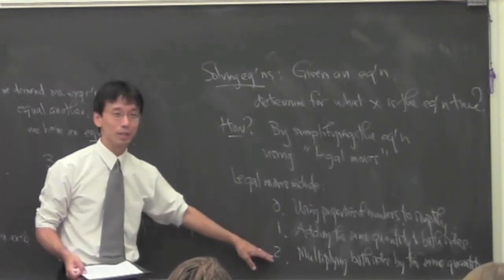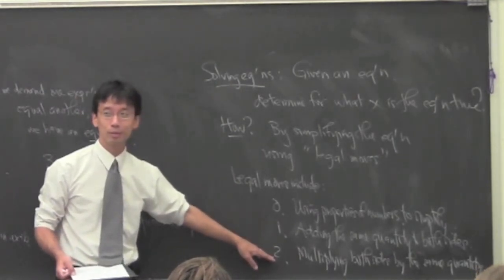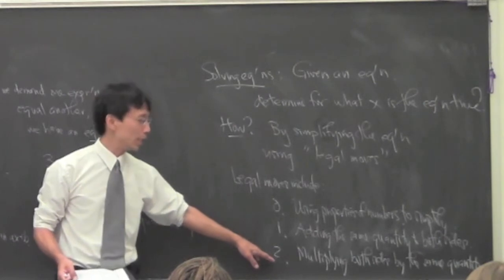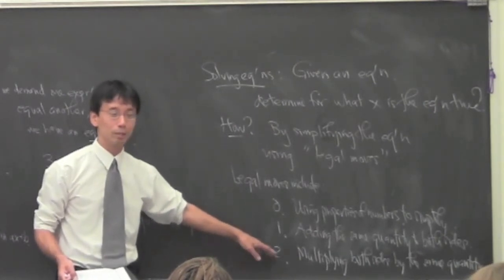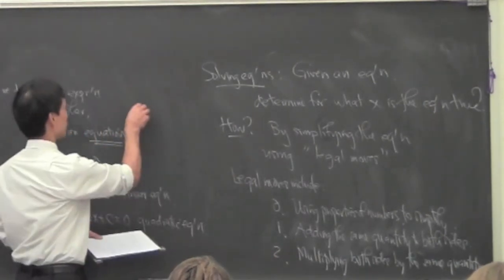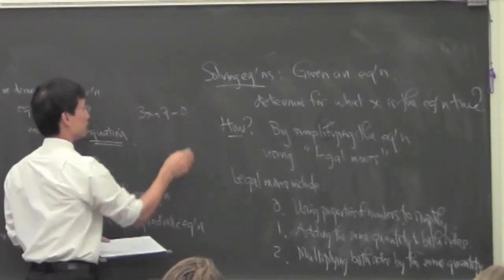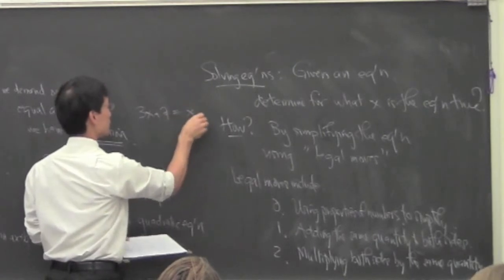I'm lying to you, actually. This is not quite right. What's wrong with the second statement? Am I allowed to multiply by anything? I can take, let's see, 3x plus 7 equals 6x.